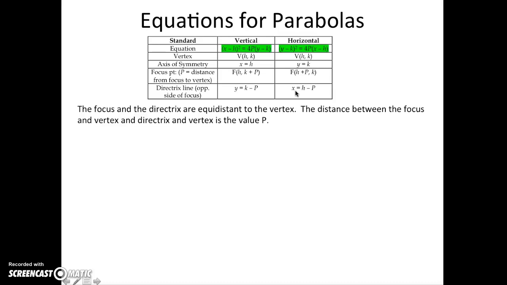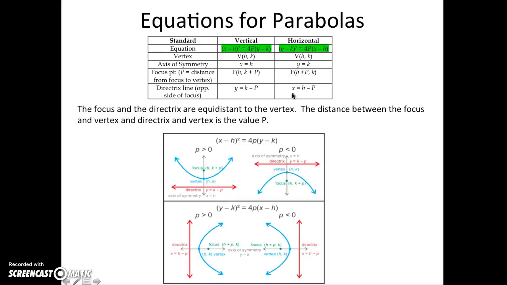The focus and the directrix are equidistant from the vertex. The distance between the focus and the vertex, and the directrix and the vertex, is the value p. So what that looks like is when p is greater than 0, it's going to be a vertical parabola that opens up when the x squared is the squared term.